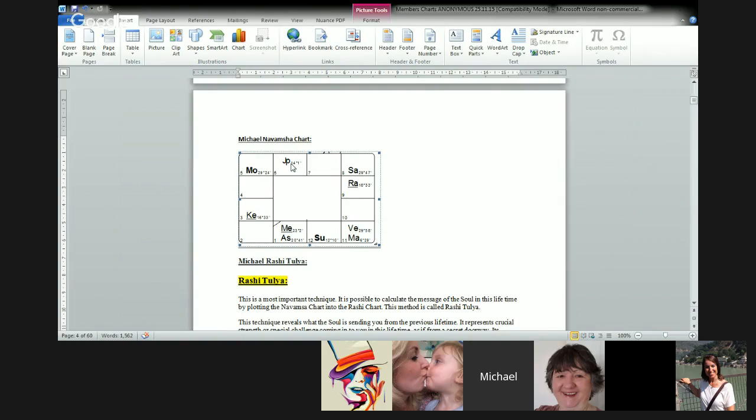So to have my Jupiter in both the 6th house in the birth chart and the 6th house in Navamsha means that I am called to utilize my spiritual expansion in service to others.